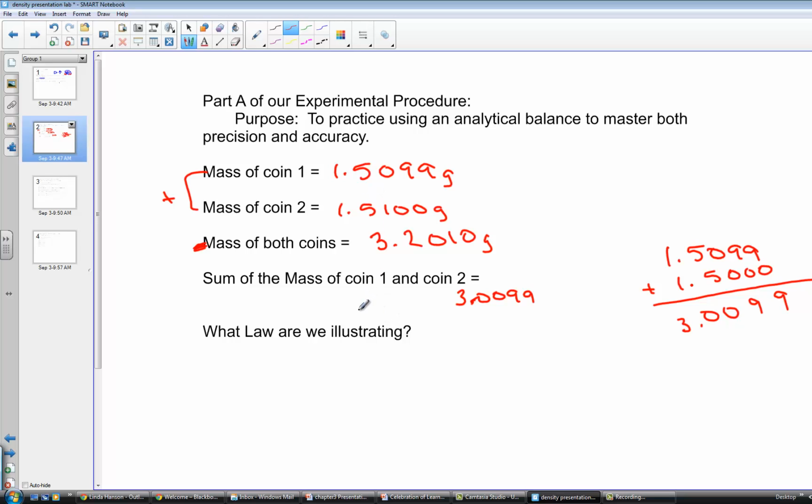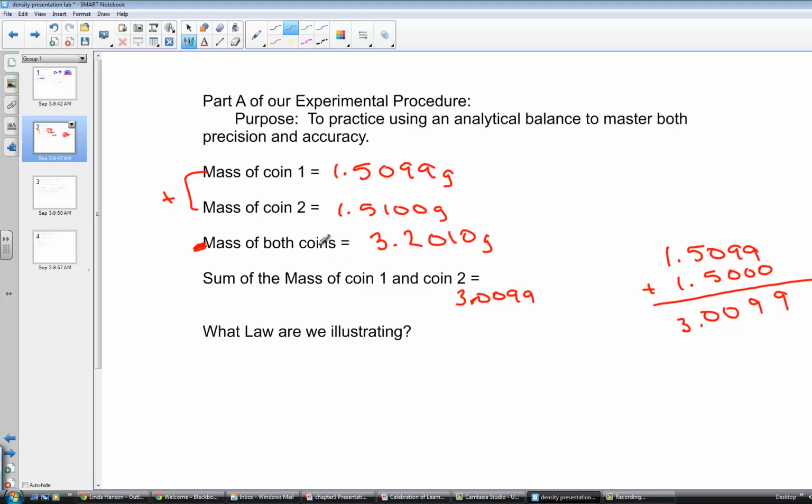So again, overall purpose, we're illustrating what's called the law of conservation of mass, where the sum of both reactants should equal the product. I want you to show yourself that you can mass two separate pennies, then place them both on the scale and get an answer that's close or very, why not the same? Let's aim big, as the sum of individual pennies added together.